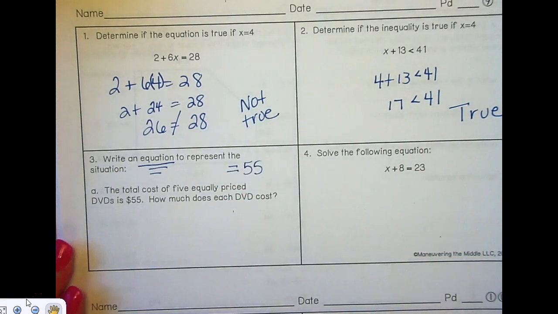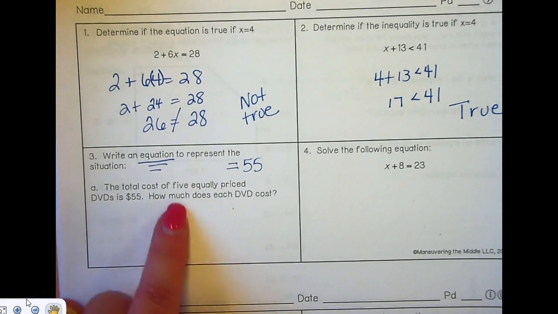So if we have 5 equally priced DVDs, what's the math we have to do to find out how much each one costs? What's the math we have to do, Alexis? So I think you already figured out the answer. Use the numbers here, 55 divided by 5, right?